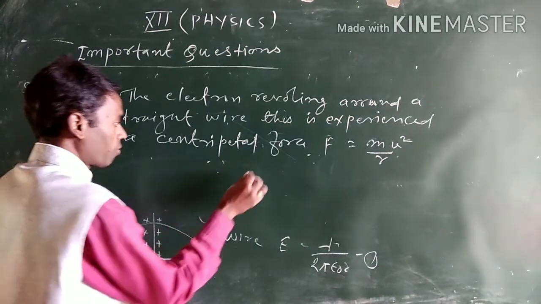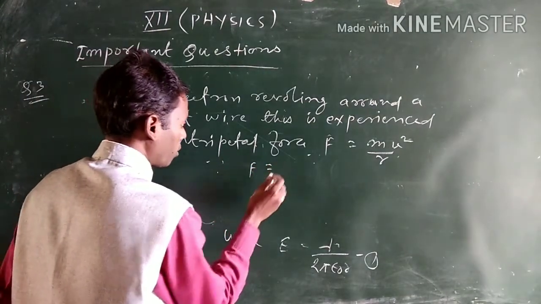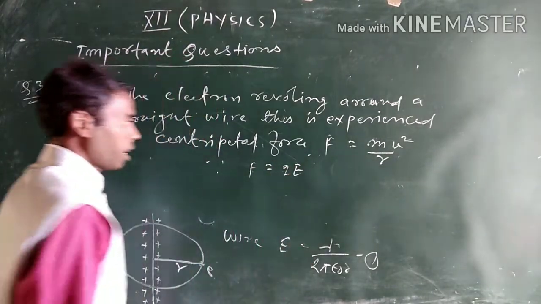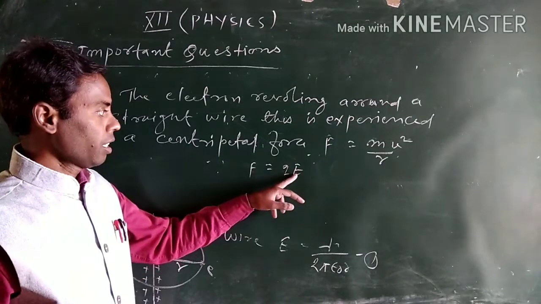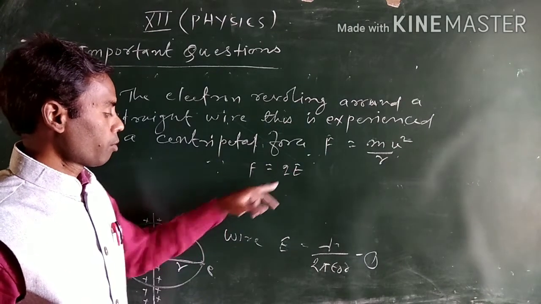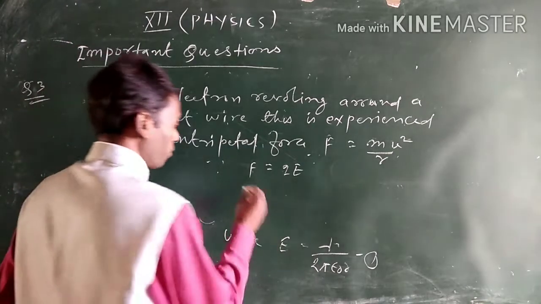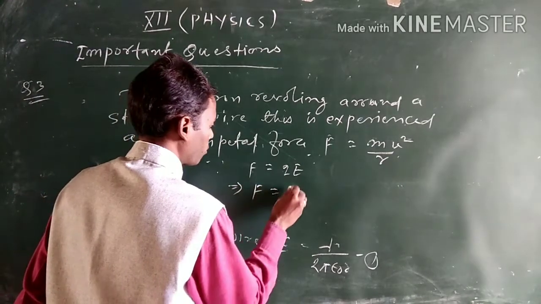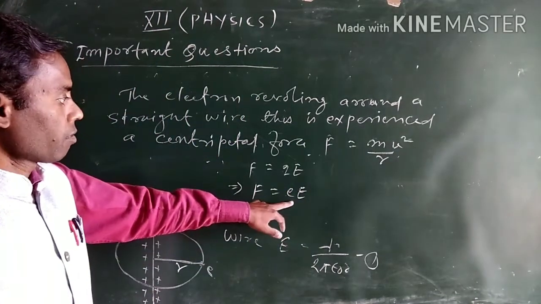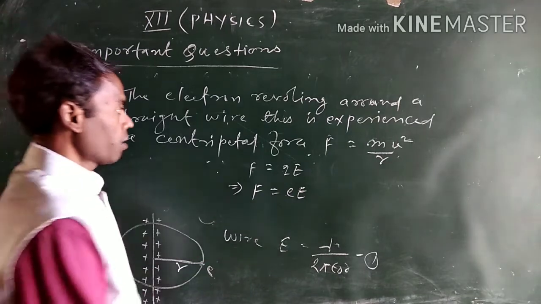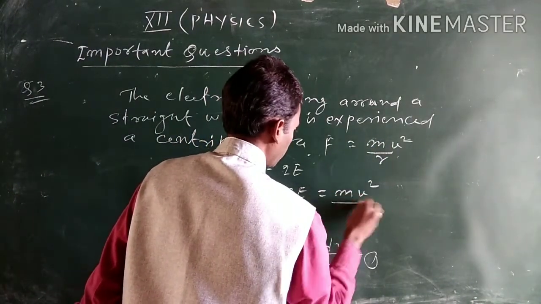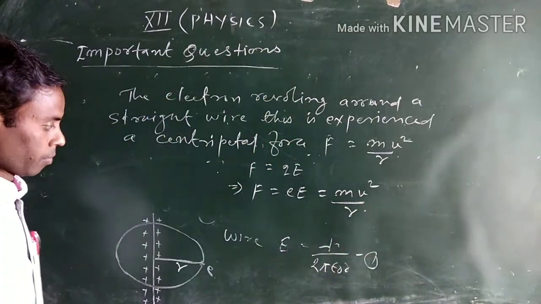Since our force is F equal to Q into E. We already know the electric field E is the force per unit charge. In place of charge we have to take the electron, so we can write F is equal to e E, where E is the electric field, equal to this force mv square by r.